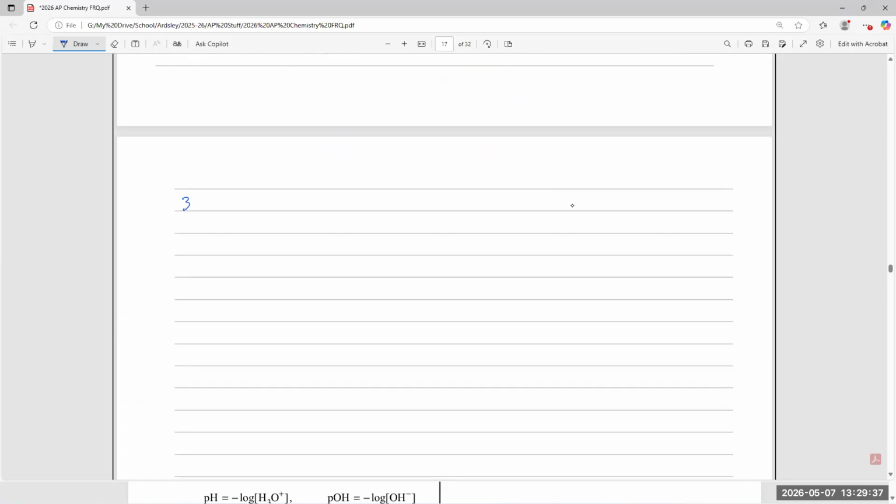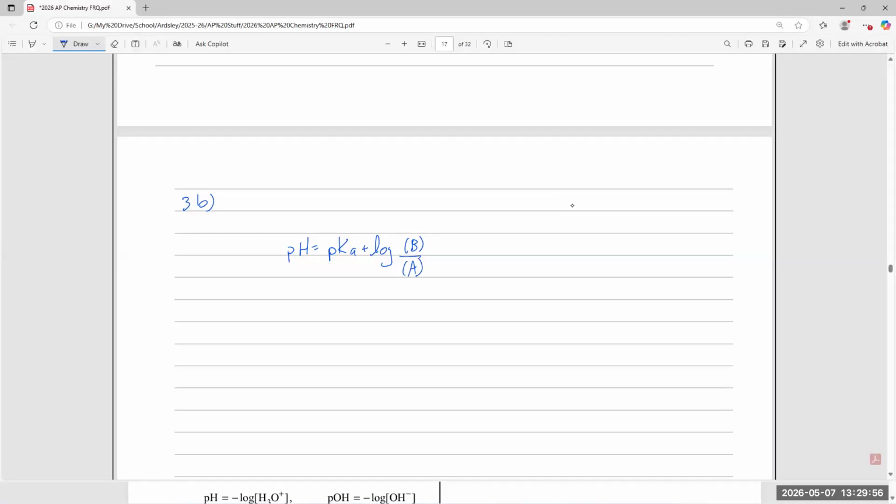Otherwise you have to break out ICE charts and go through all that nonsense. But according to Henderson-Hasselbalch, pH is equal to pKa plus the log of base over acid, right?